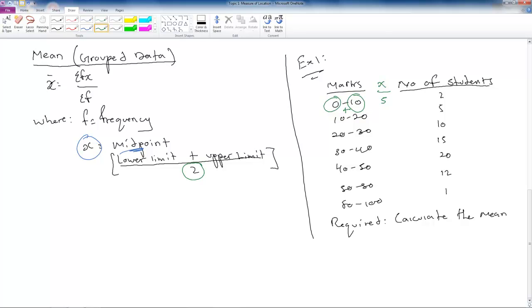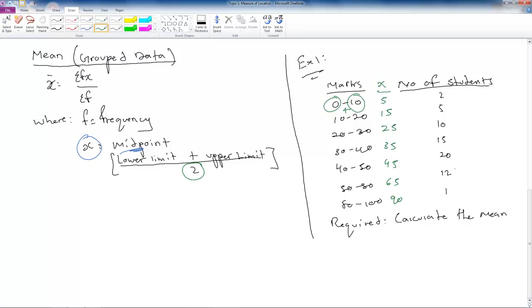Of course you continue with the rest of it. 10 plus 20 divide 2, you'll get 15. 20 plus 30 divide 2, you'll get 25. 30 plus 40 divide 2, you'll get 35. 40 plus 50 divide 2, you'll get 45. 50 plus 80 divide 2, you'll get 65. 80 plus 100 divide 2, of course you'll get 90.